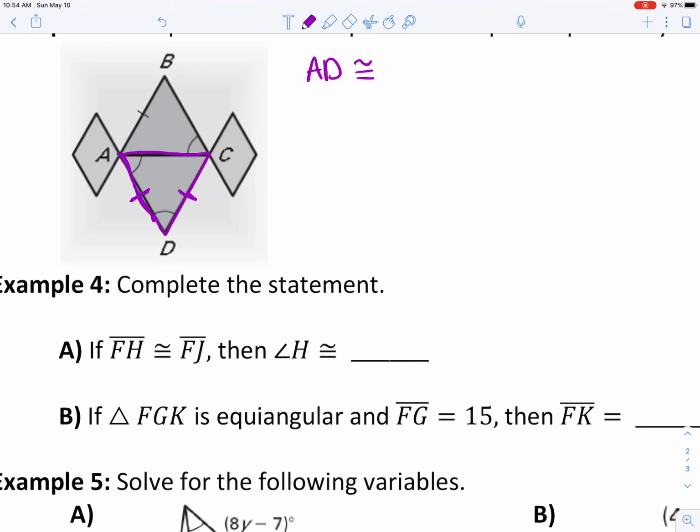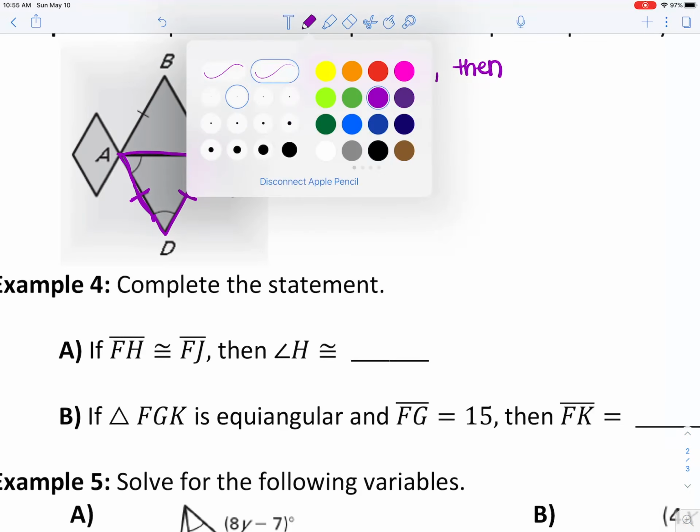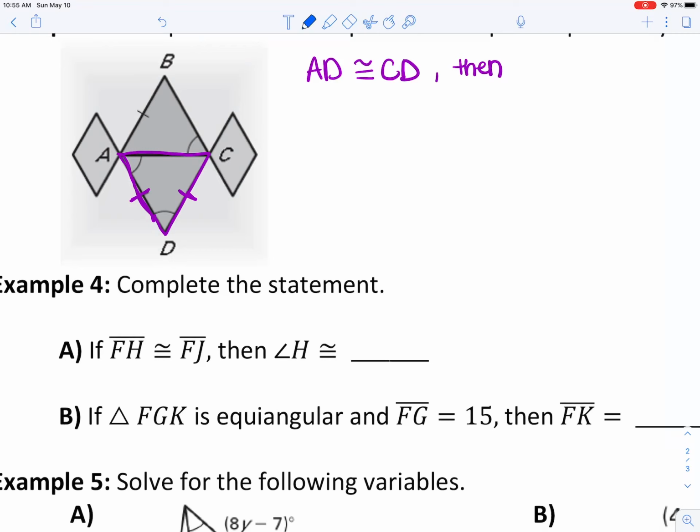So I see that AD is congruent to CD. So those two sides are congruent. Since that is true, then I know that this angle right here, DAC, would be congruent to my other base angle, which is DCA.